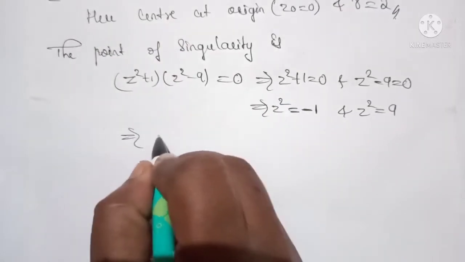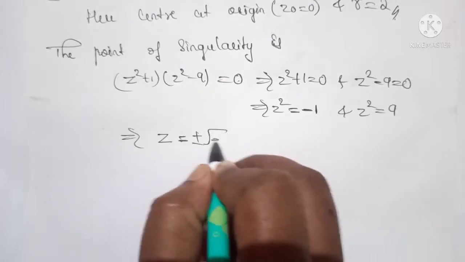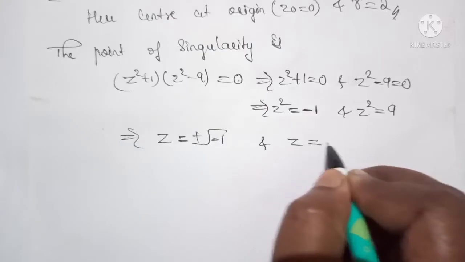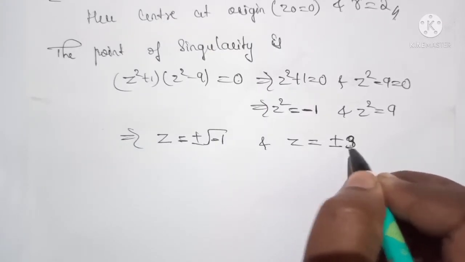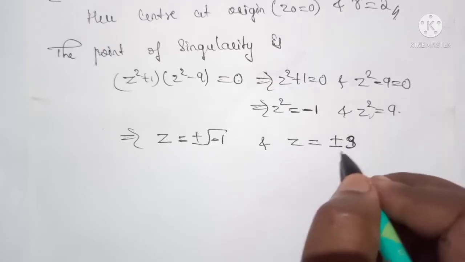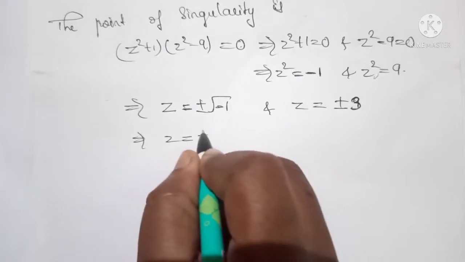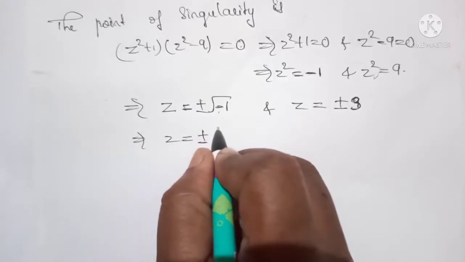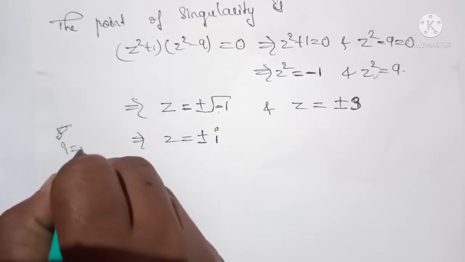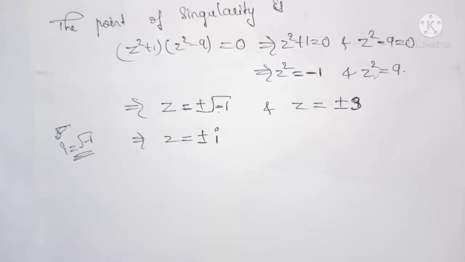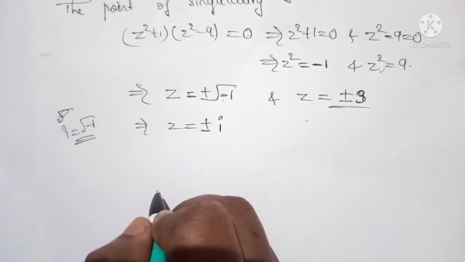Further simplifying, we get z equals plus or minus root of minus 1, and z equals plus or minus root of 9, that is 3. Root of minus 1 is nothing but i, which is an imaginary number, and z equals plus or minus 3.